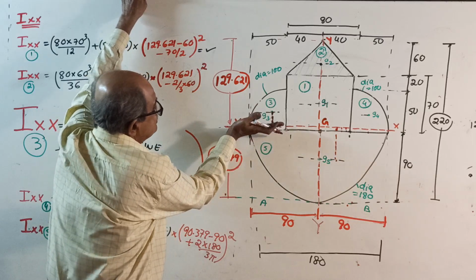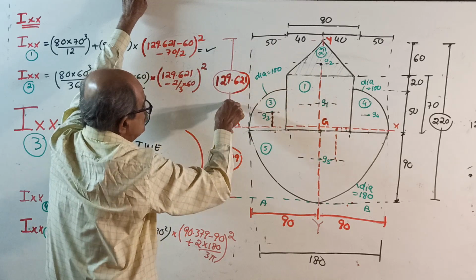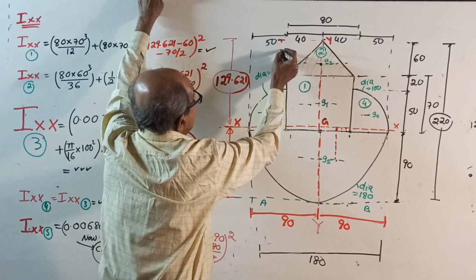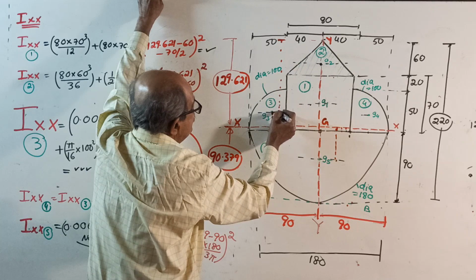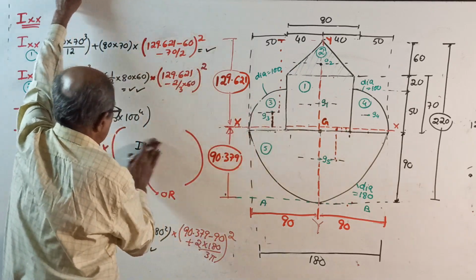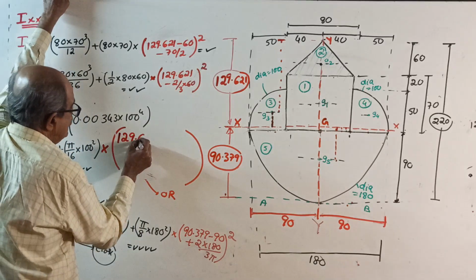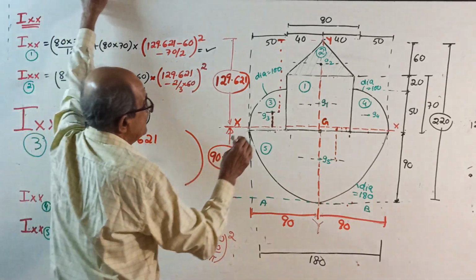Since the centroid comes this side, we will use 129.621. From that one, you have to subtract, see, this distance. So it is 129.621. From that subtract this distance.